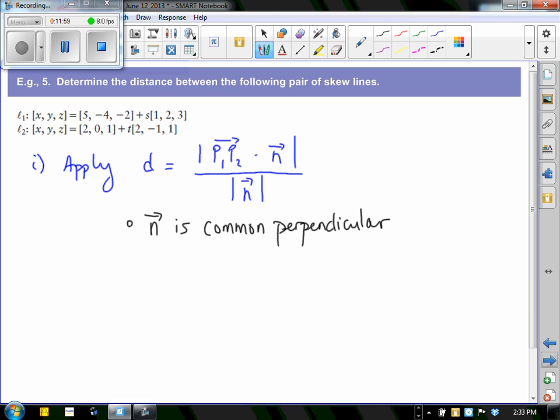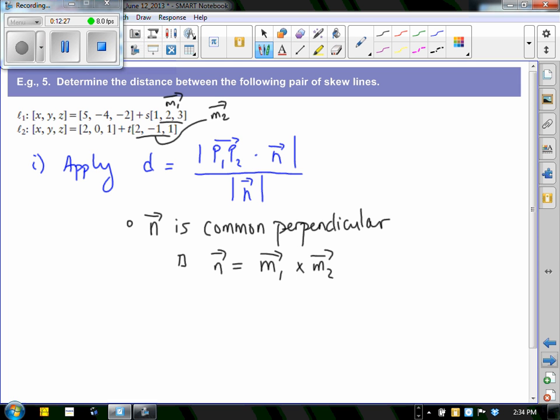We end up finding it as the cross product of the 2 direction vectors that we're given. So up here we have M1, that would be this one here, and then M2 would be here, that's our M2.